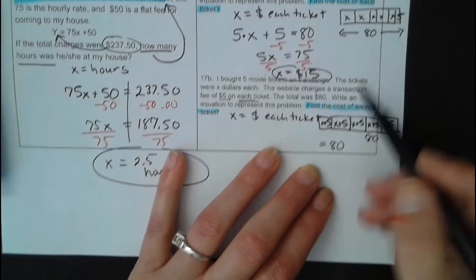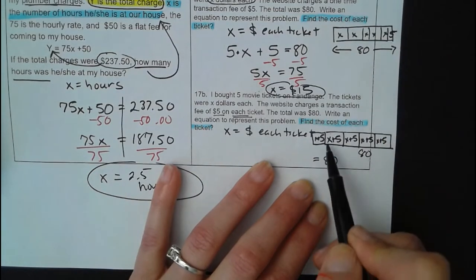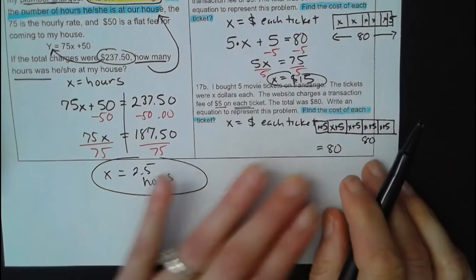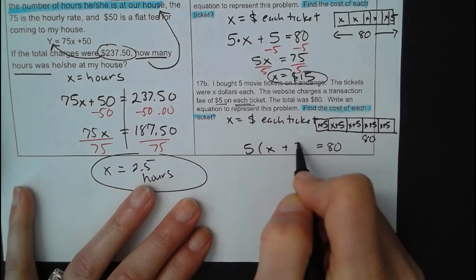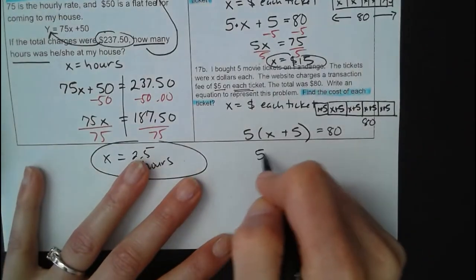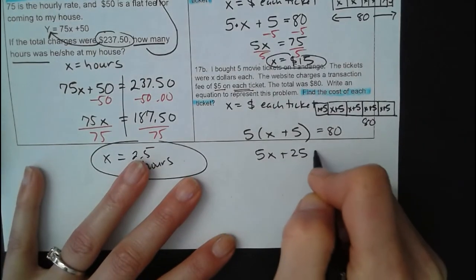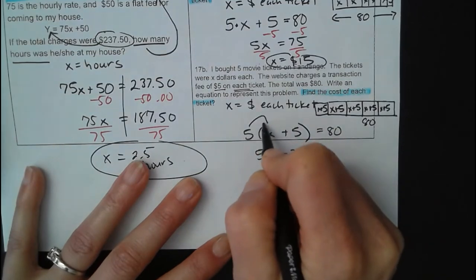So unlike this one that only had one $5 transaction fee, each of these has a $5 transaction fee. So this would be 5 sets of these x plus 5s. And we'll be seeing those later in the week. So when I distribute, it really means that I have 5 tickets for an unknown amount and $25 in fees.